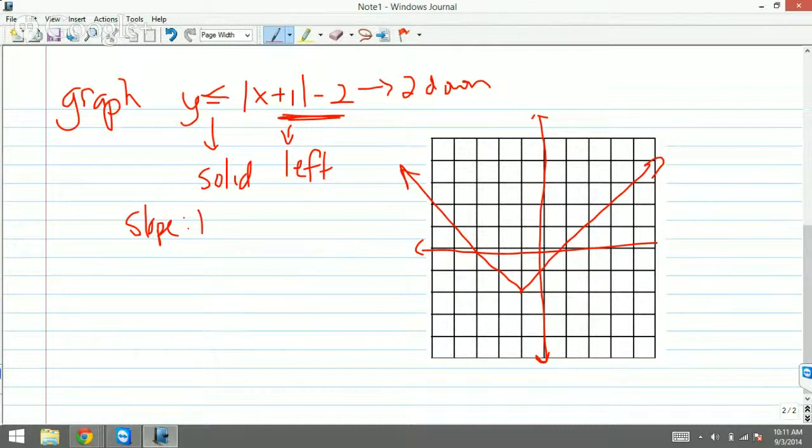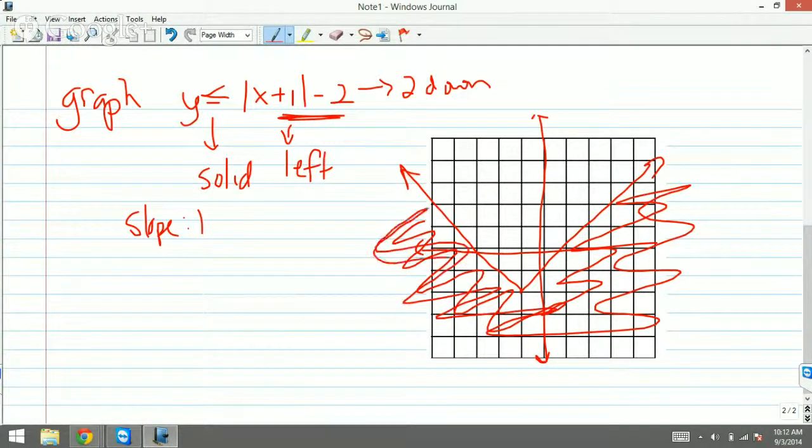Where do I shade? What does this tell us? Less than or equal to is below. You can, again, do the test of a point. Do you want me to do the test on here? Just to show you?